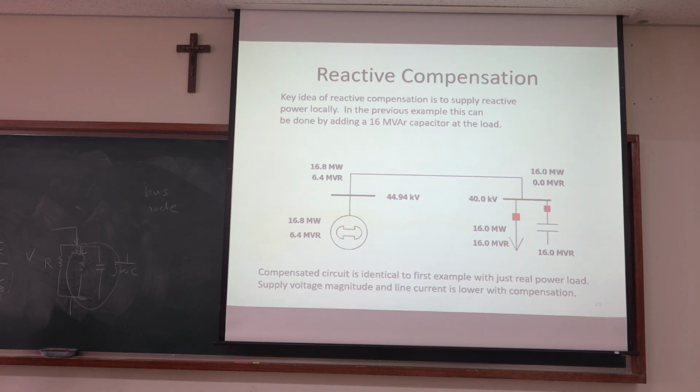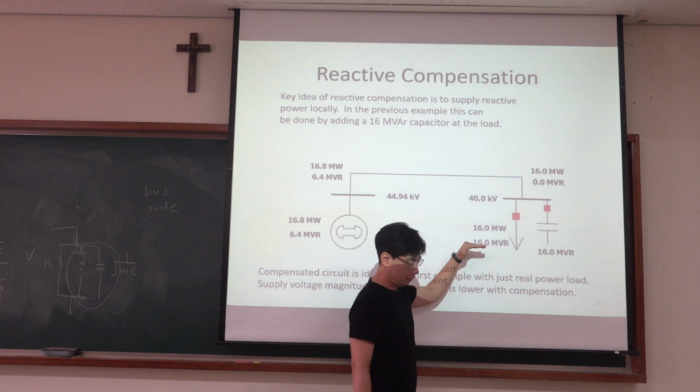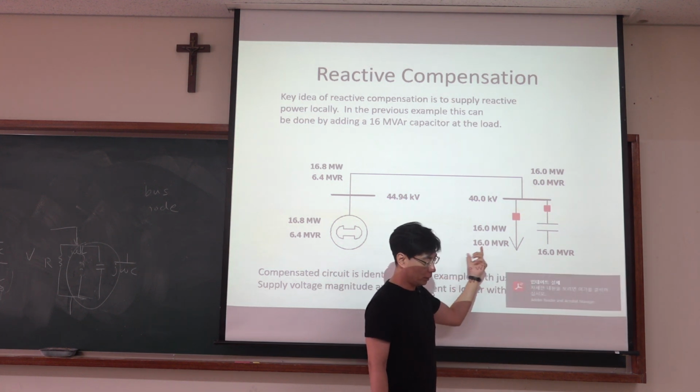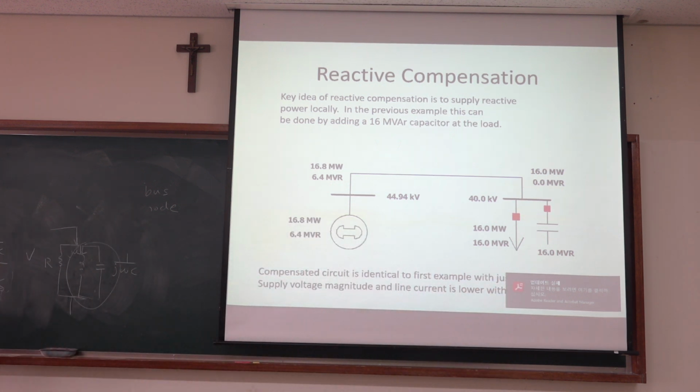And then you can choose the capacitance. Okay, we have this reactive power component, so I want to compensate that: reactive power consumption and reactive power supply. And you need to choose C. How can you do that without using this one?